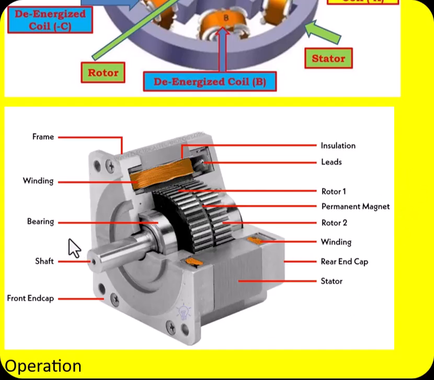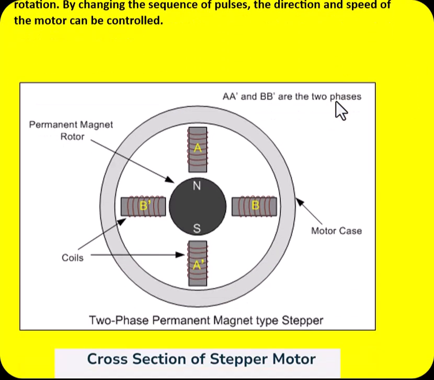This is the real diagram that you can see here. Stepper motor. This is bearing, shaft, front end cap, winding, frame, insulation, leads, rotor 1, permanent magnet, and rotor 2, winding, rear end cap, stator, like this. So there are other ways of drawing the same diagram like this.